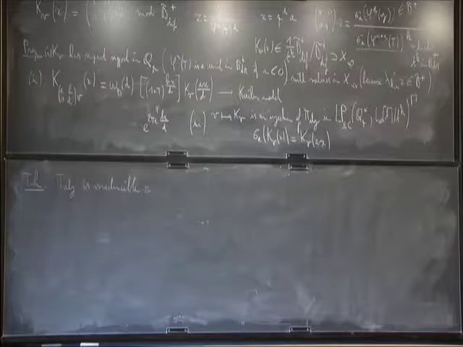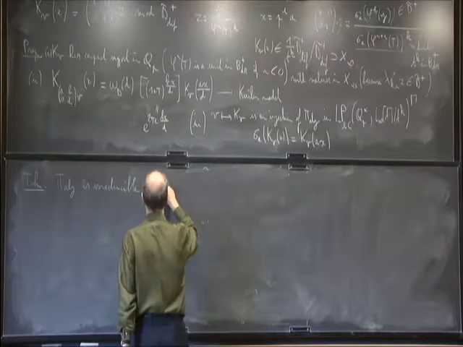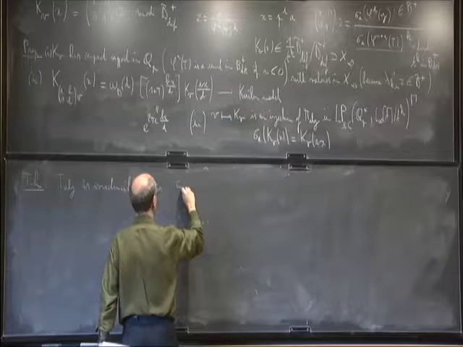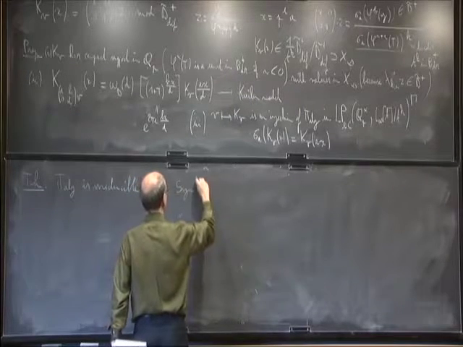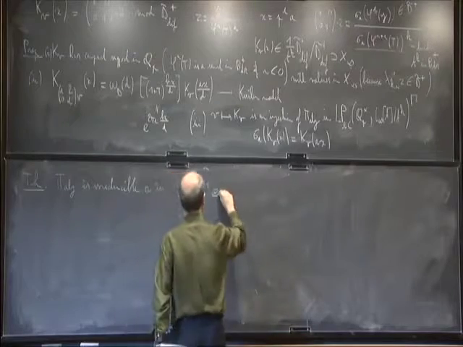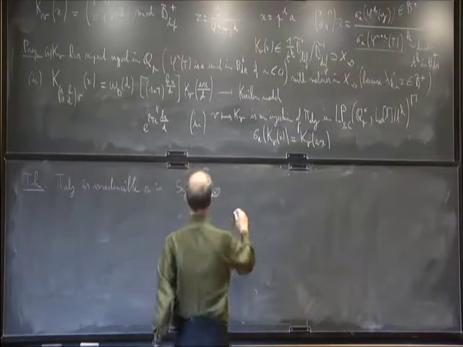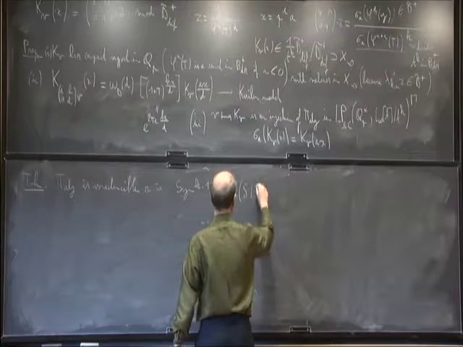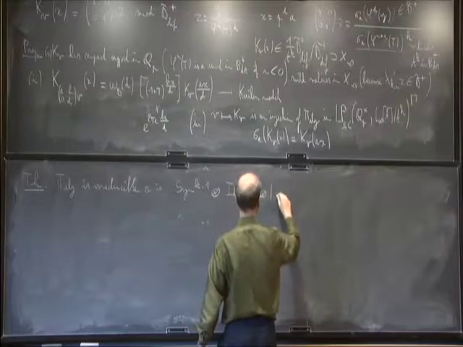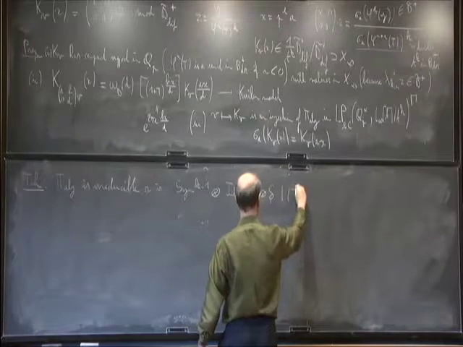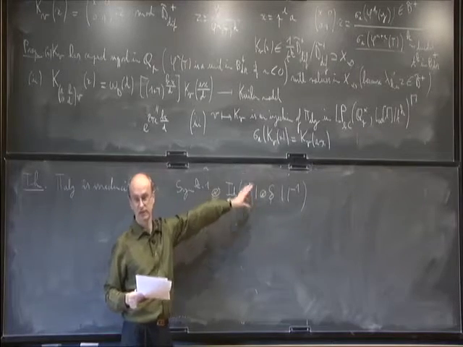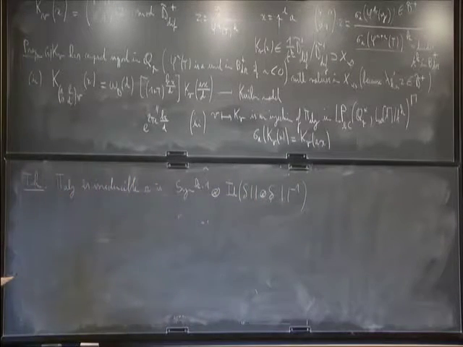Or it is of the form Sym k minus 1 tensored this induced representation delta tensor delta norm minus 1, where here you have an extension of trivial by Steinberg. Okay, so that's what you get from this thing.